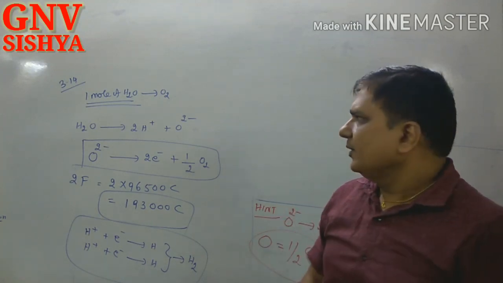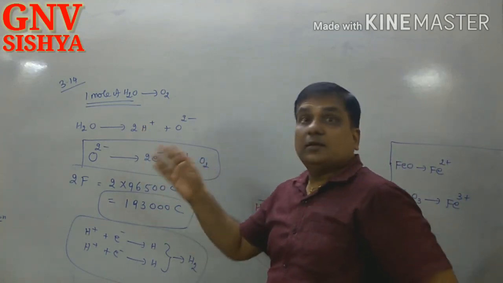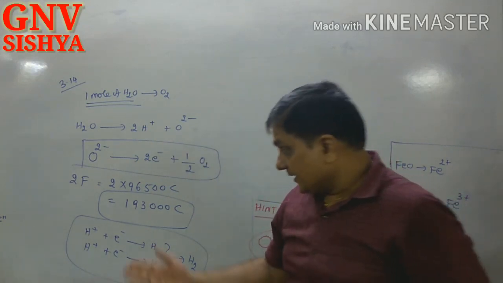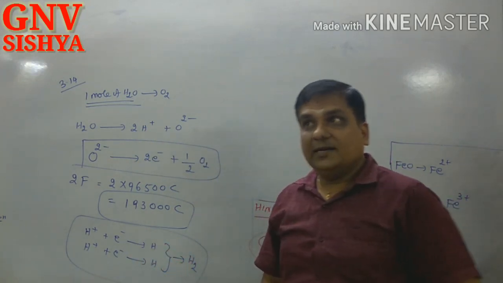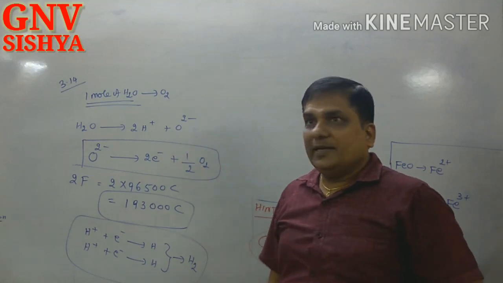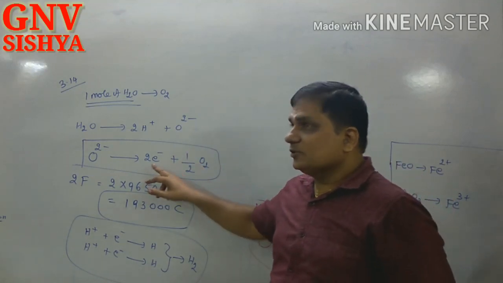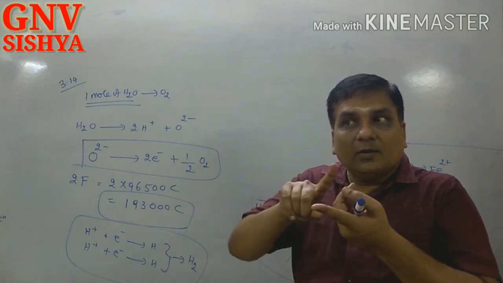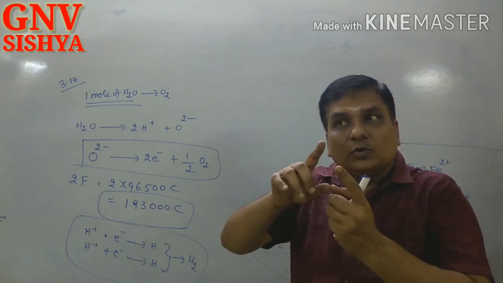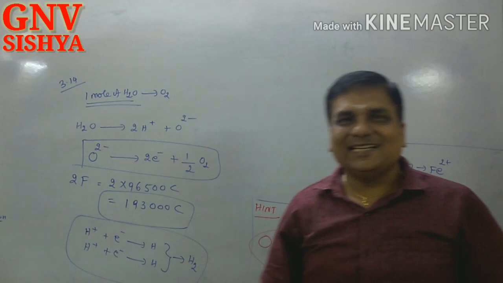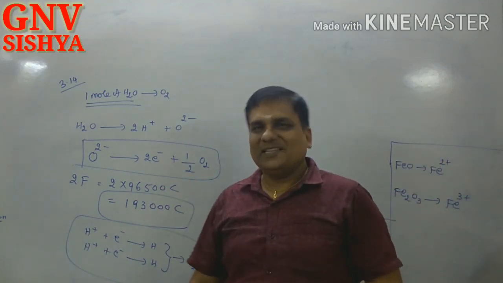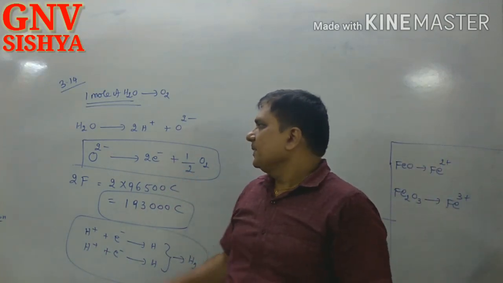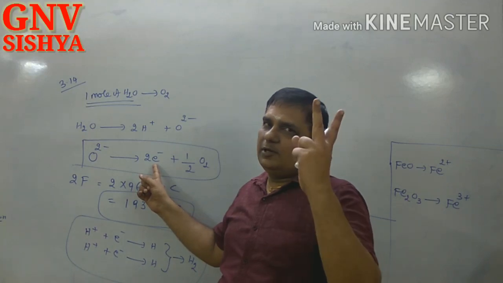I am asking myself, why am I not preferring H+? I don't say that I am not preferring. I did H+ at the bottom, but we prefer O2- because O2- loses electrons. The question is 1 mole of H2O to O2, involved in the oxidation, a loss of electrons. Correct? That is why I am preferring. So how many electrons are involved? 2.